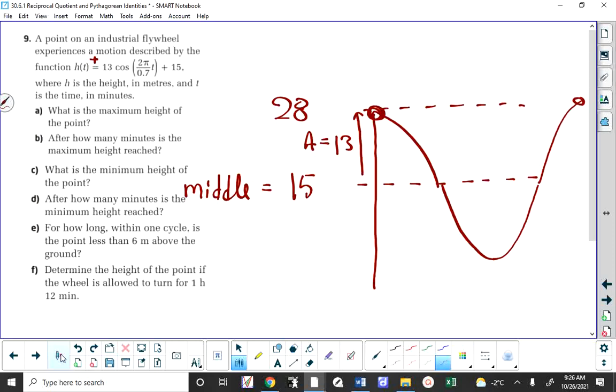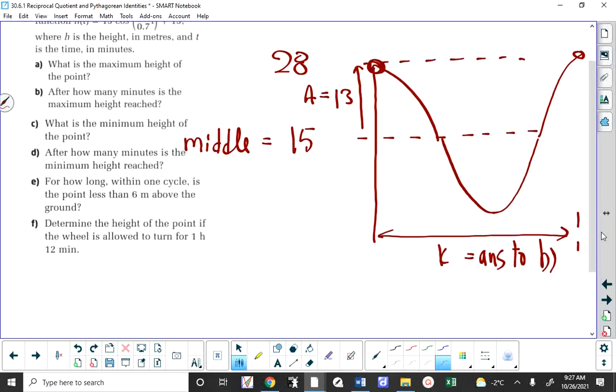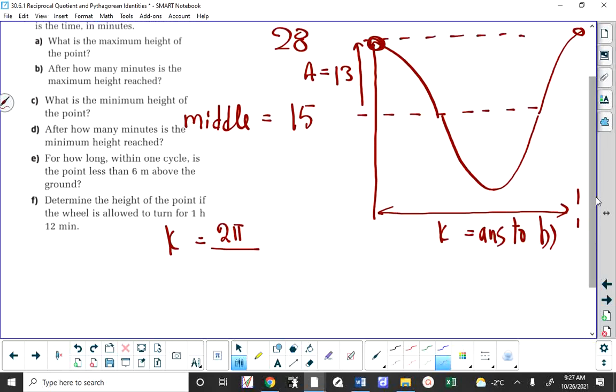So it starts at its maximum height, looking at this, and it reaches its maximum height again in one period. So if we knew the period, we would have the answer to part B. And I can find the period by remembering that for sine or cosine, it's 2 pi over b, and b is 2 pi over 0.7.